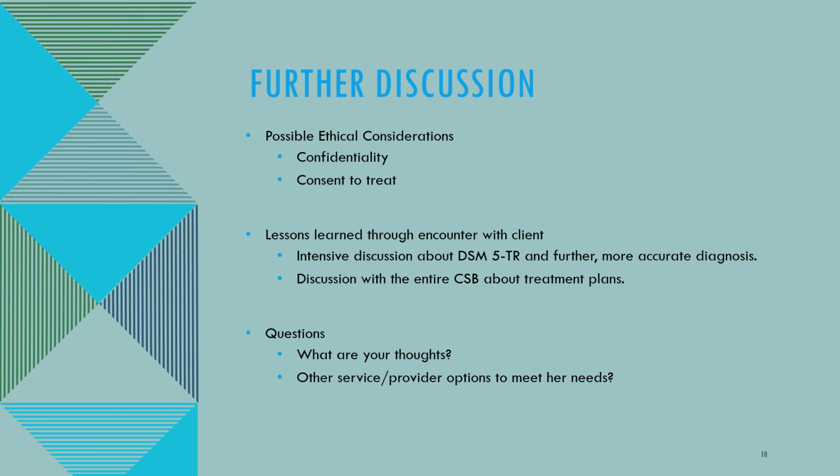So lessons that I've learned while working with this client, it has promoted a lot of discussion about the DSM, a more accurate diagnosis, and it's promoted the discussion within the community service board to meet the client's needs on an outpatient basis. They started discussing the DID possibility, as there are many inconsistencies in symptomology that felt like it could be more applicable.